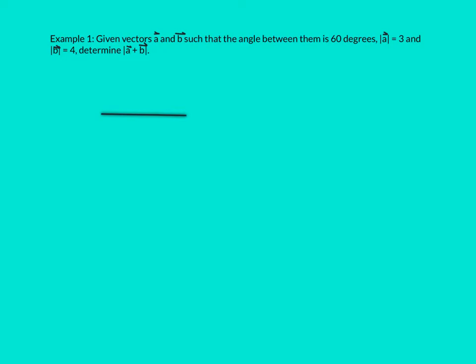So I'm going to use this guy as vector B and this guy as A. And there they are, tail to tail. And it's supposed to be 60 degrees, so probably more like that.